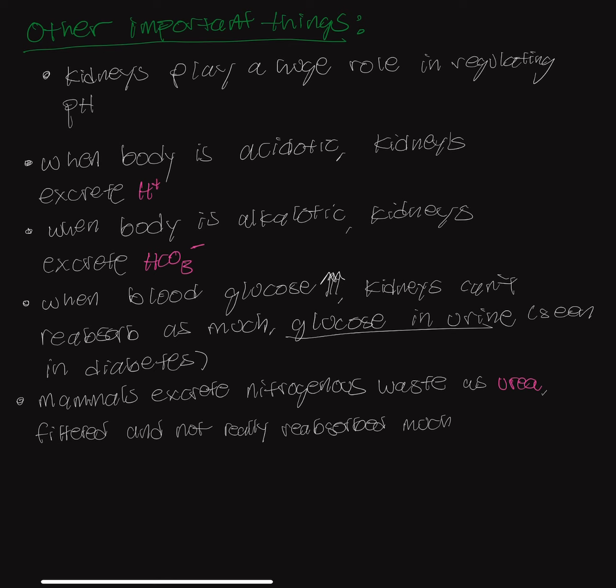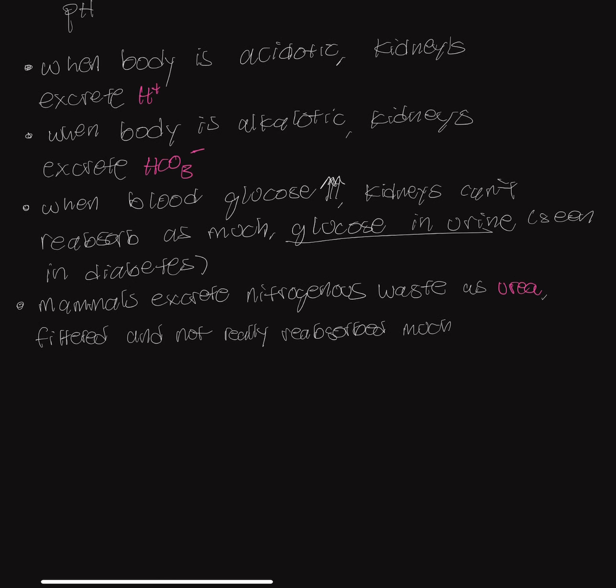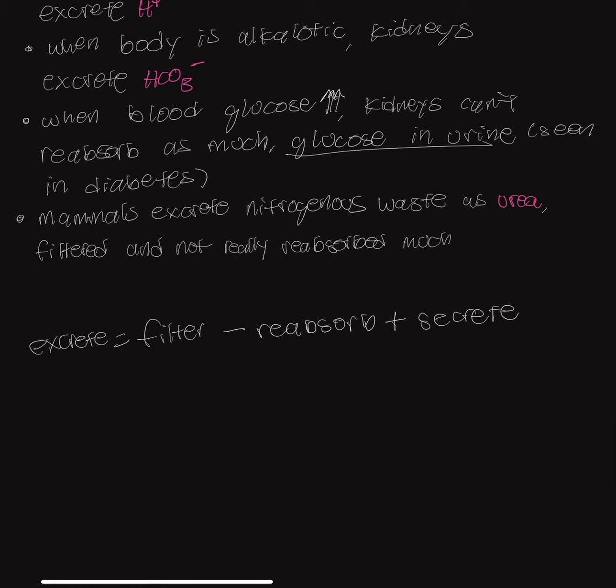And maybe I can just draw this out because I think it's important to remember this. We filter stuff. The amount we excrete is equal to the amount we filter minus the amount we reabsorb plus what we secrete. That's important to note. So if we think of the tubule containing some material, and just draw the fluid.